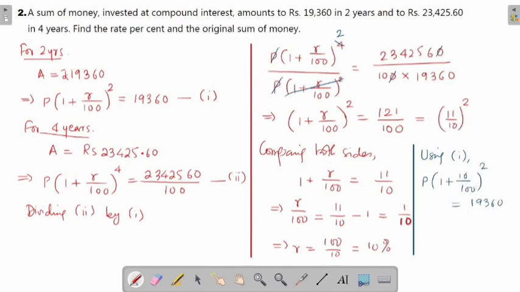When you simplify this, P into, this entire thing, 1 plus 10 by 100, turns out to be 11 by 10. So the square becomes 121 by 100, is equal to 19360. Now do the cross multiplication and find the value of P. That gives you the answer for this particular question. Pause the video and note down your solution.